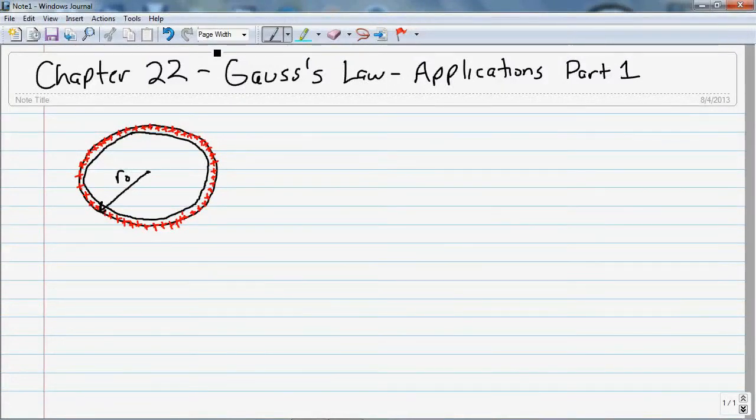Let us now look at how we can use Gauss's law to prove that a conducting shell cannot have an electric field inside. So here we have a spherical shell, and it has positive charge on the outside.